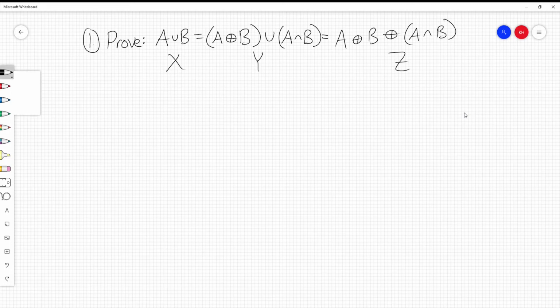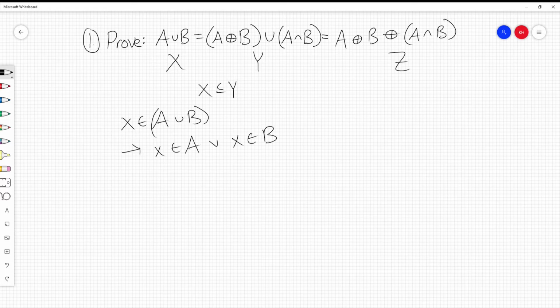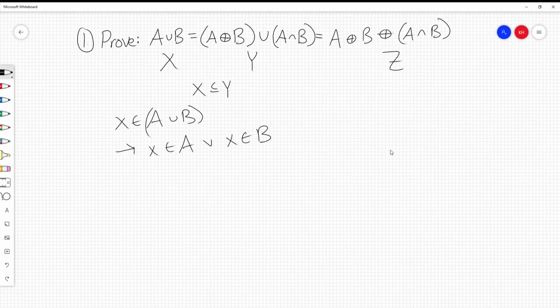So, going on to prove X is a subset of Y real quick. Let's assume that X is an element of A union B, which implies that X is an element of A or X is an element of B. So there are three options that can happen with this assumption.